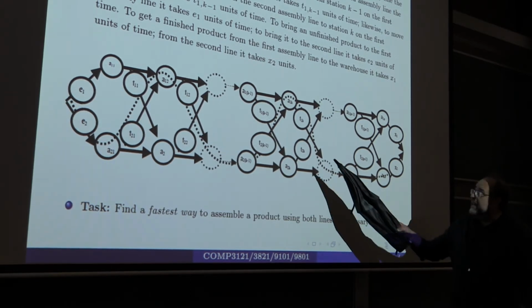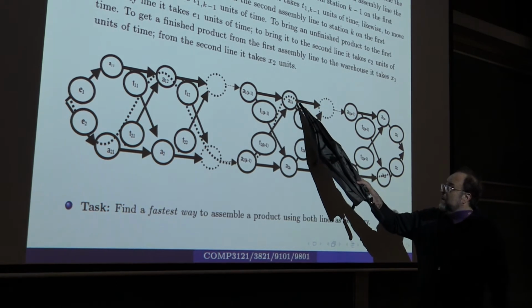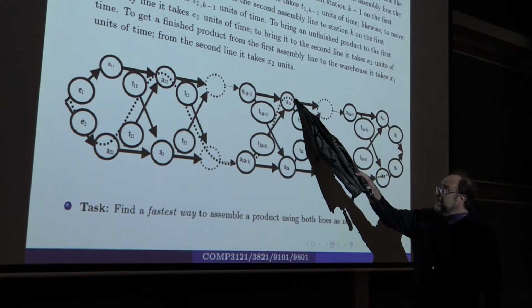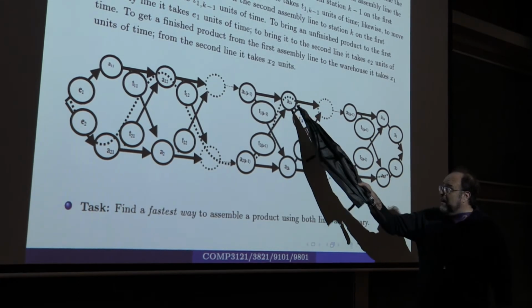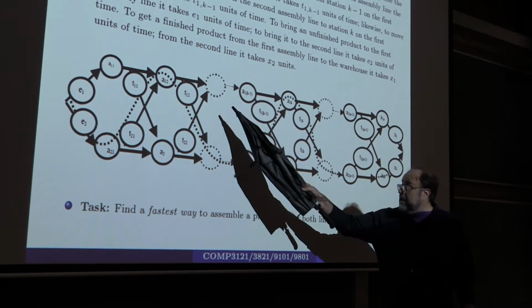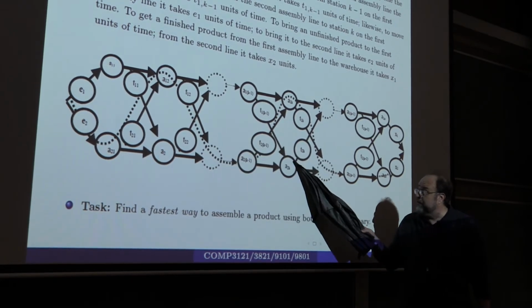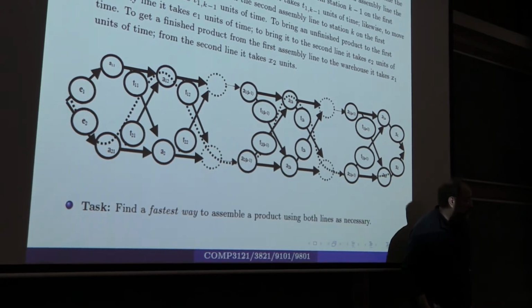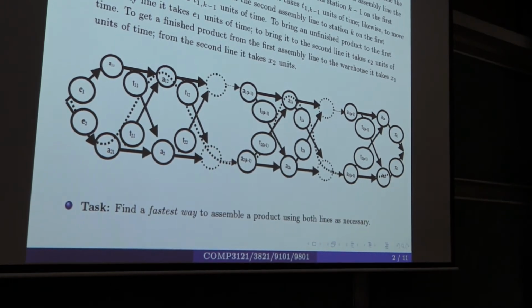Namely, for every k, we find the optimal solution to go through the factory and finish the kth task here, as well as the optimal solution to get through the factory in such a way as to finish the kth task on assembly line 2. Why do we do that?